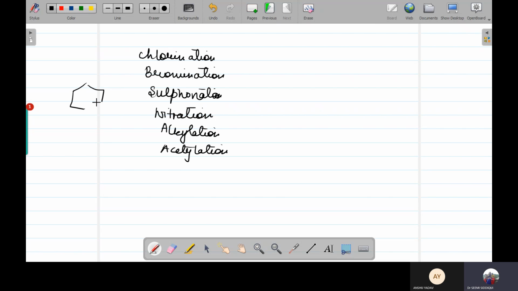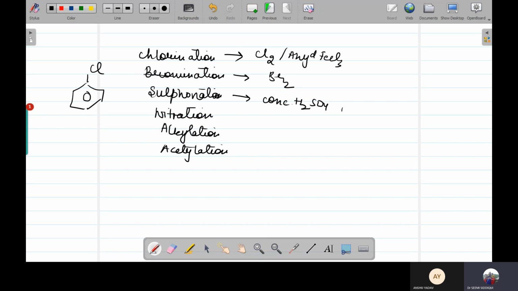For all, I am taking an example of chlorobenzene. Chlorination takes place in the presence of Cl2 and anhydrous FeCl3. Bromination will be Br2 with FeBr3, sulfonation will be concentrated H2SO4 and heat, and nitration will be HNO3 and H2SO4, both in concentrated form.